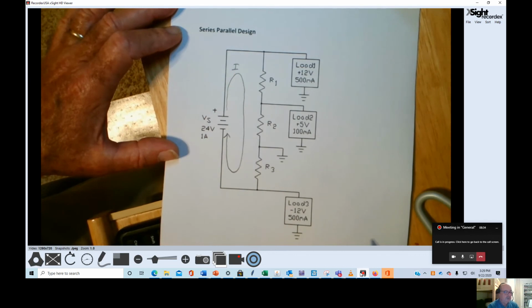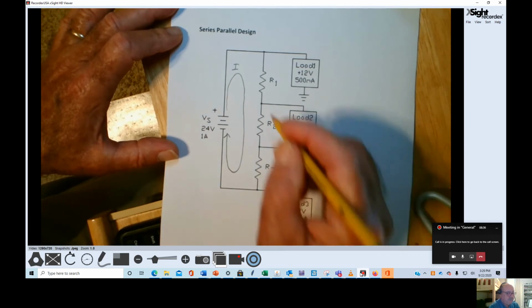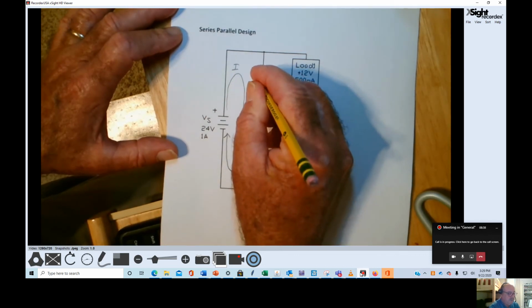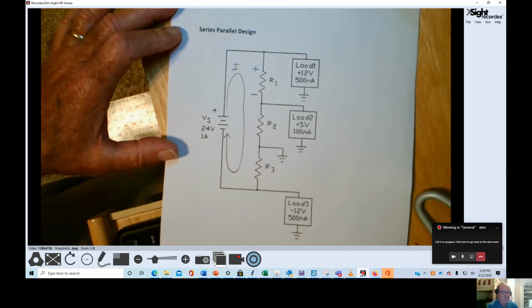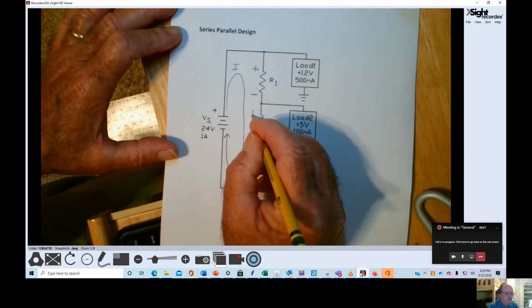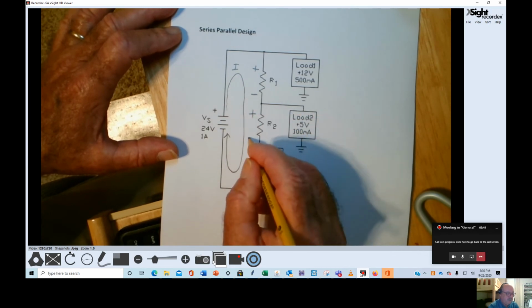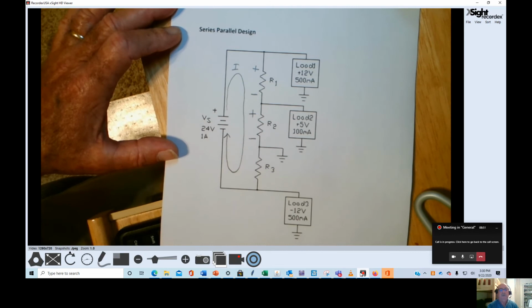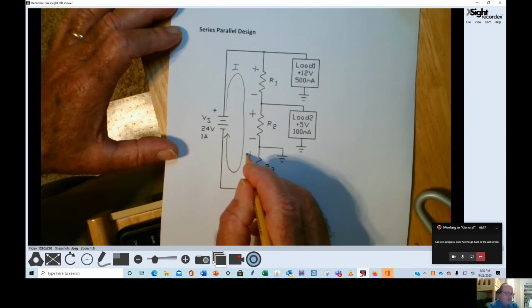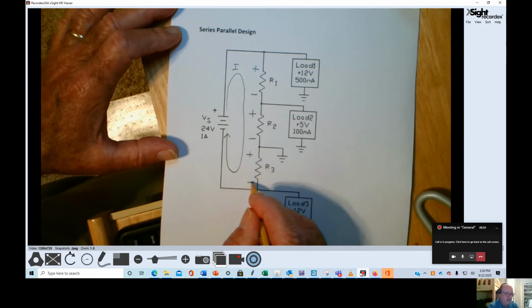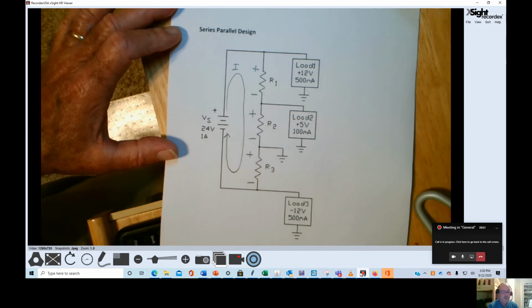And of course, when current flows down through resistor R1, there's a voltage developed across R1 that's positive to negative. When current flows down through R2, there'll be a voltage drop across R2, positive to negative. And when current flows down through R3, there'll be a voltage drop across R3, positive to negative.